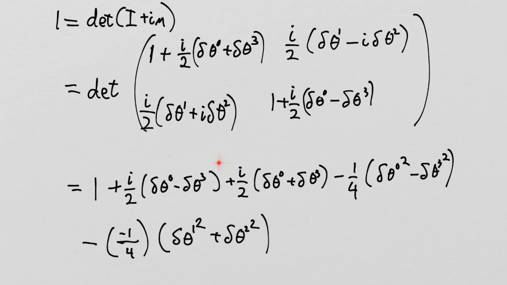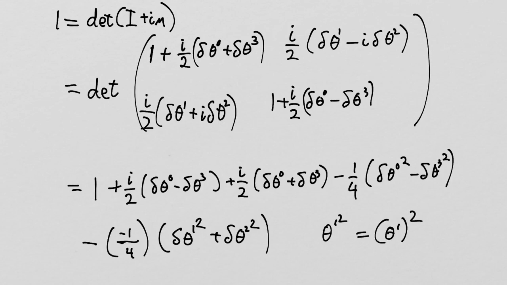This here is the product of these two, and this is the product of these two. I'm writing squares with superscript squares, so when I write theta 1 like that, what I really mean is the theta 1 parameter squared, right?